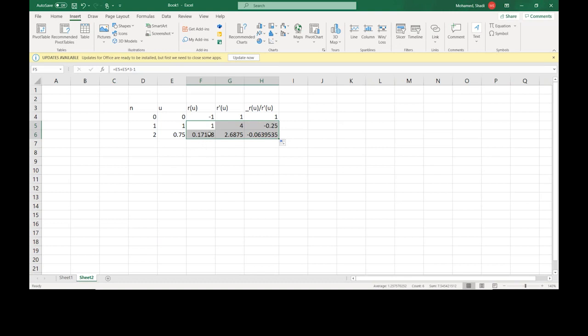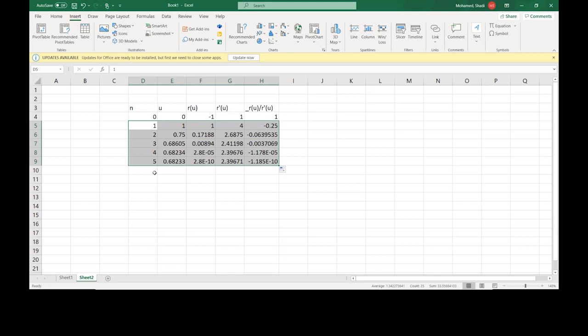You have the residual becoming smaller now. So you are moving from -1 to 1 to 0.17. You start to see the residual becoming smaller. And if you repeat these steps a few times, by the 5th or 6th iteration, you get 10 to the minus 10. Repeat it one more time, you get 0 in real terms. And you see that the residual will be equal to 0.